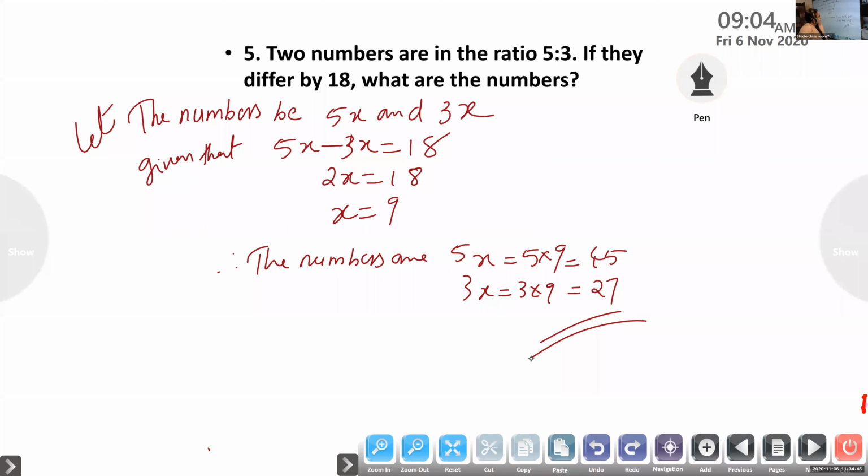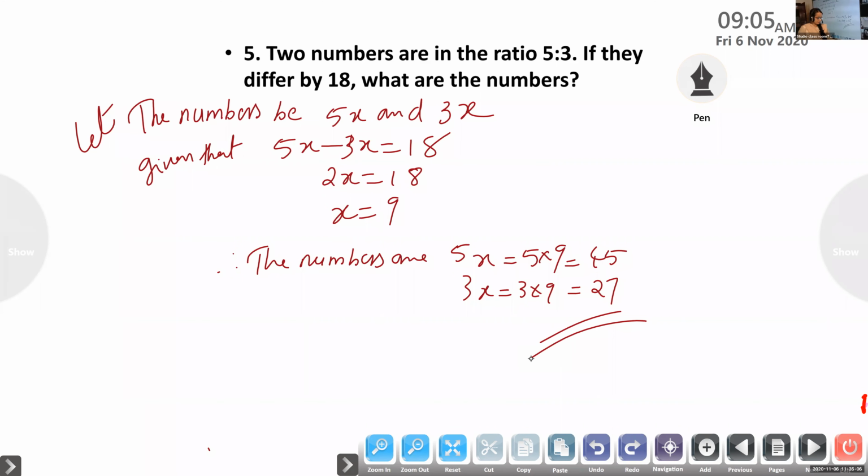The required numbers are 45 and 27. Simple question it is. Next one. One more question we will do.